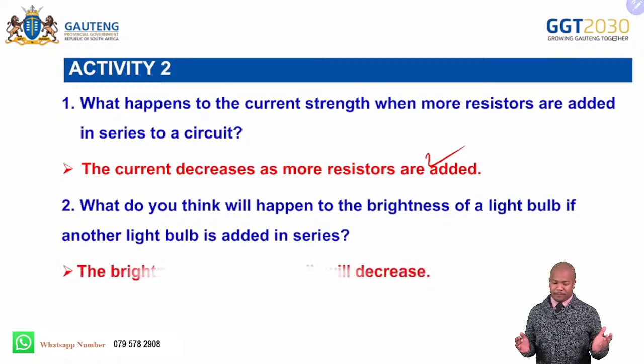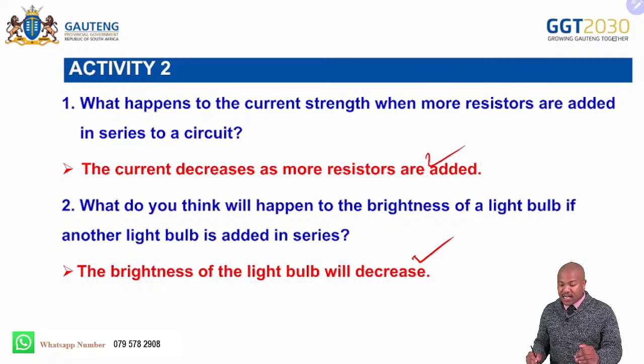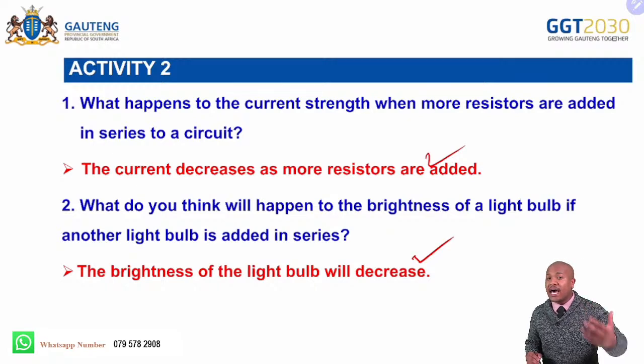The brightness of the light bulb will also decrease. So now let's just go through these answers again so that you have enough time to copy down corrections. Number 1, the current decreases as more resistors are added.